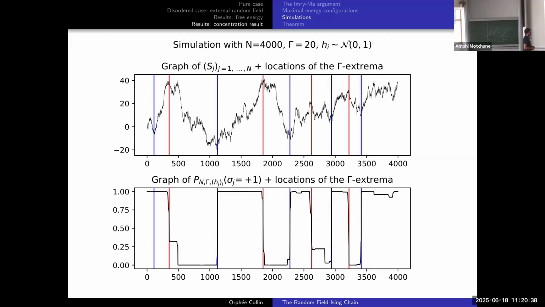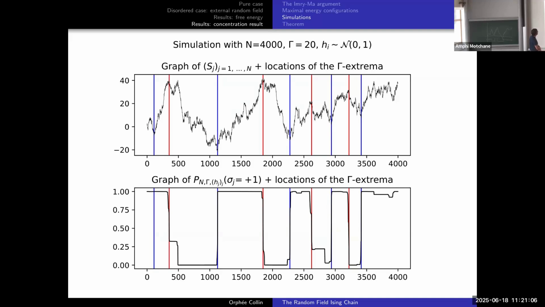So here are some simulations to illustrate this. Here I showed the S, the random walk associated to the disorder sequence, and I have plotted the maxima and minima. The gamma minima are in blue, the gamma maxima are in red.